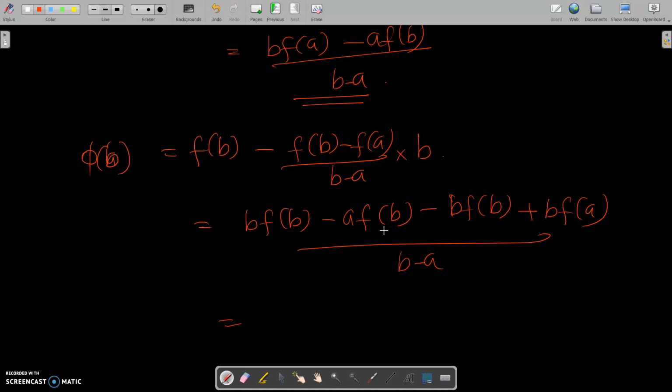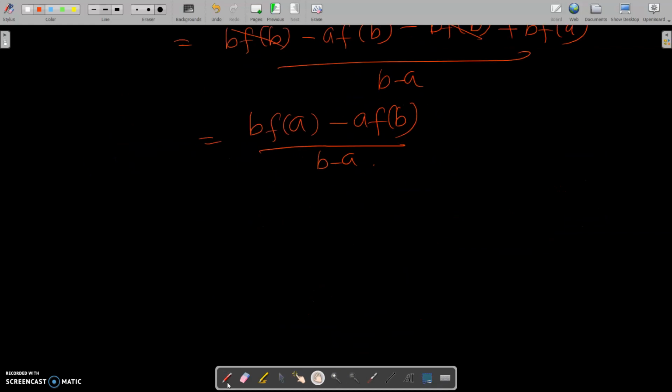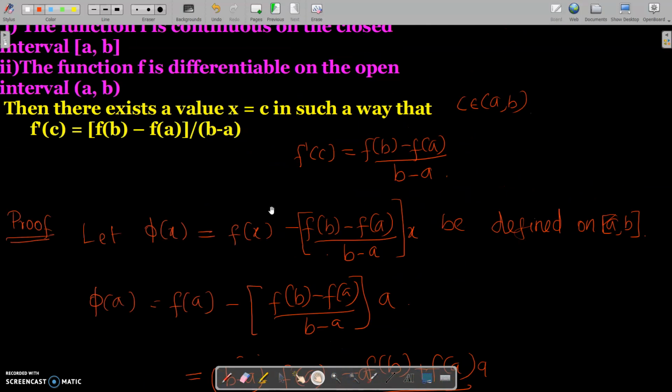Which one cancels? b f(b) cancels, so this is b f(a) minus a f(b) divided by b minus a. Therefore phi of a equals phi of b.